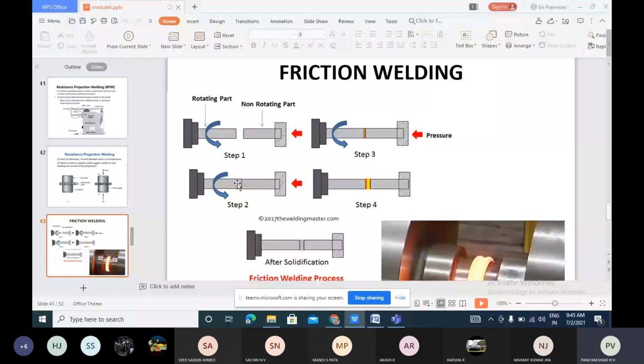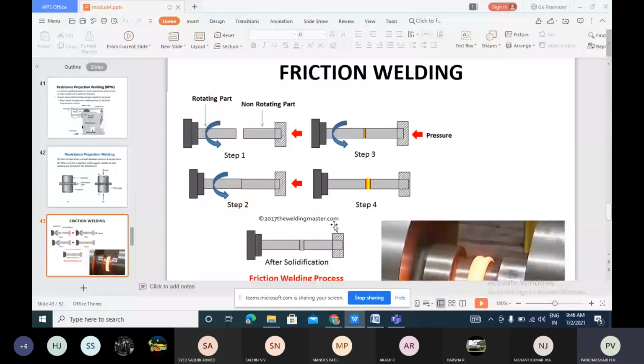Due to this friction, an enormous amount of heat is generated, so the ends of the metal parts become red hot. When it becomes soft and red hot at the junction, the fusion of both metals takes place. Fusion is nothing but solidification. So solidification takes place together, and metal part A and metal part B are joined. So this is friction welding.